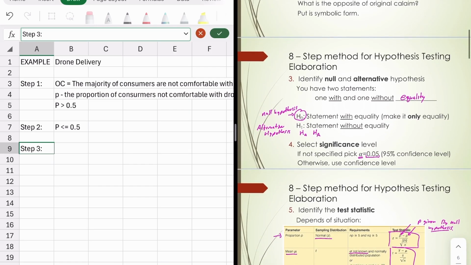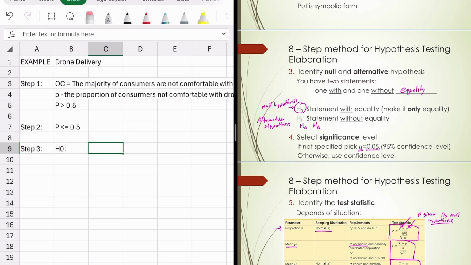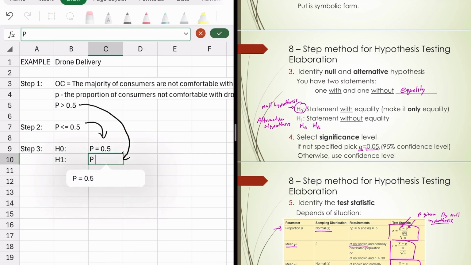We did that. Step 3 is to identify the null and alternative hypothesis. So H0, my null hypothesis, is going to be the one that has equality. I'm going to put P equals 0.5. That was my negation here, because that was the one that had the equal sign. The alternative then is going to be the other one, P greater than 0.5.